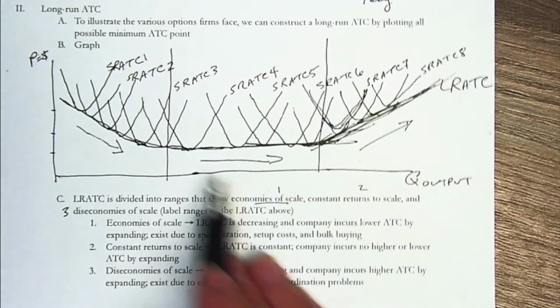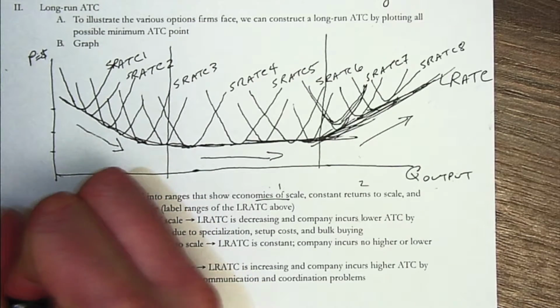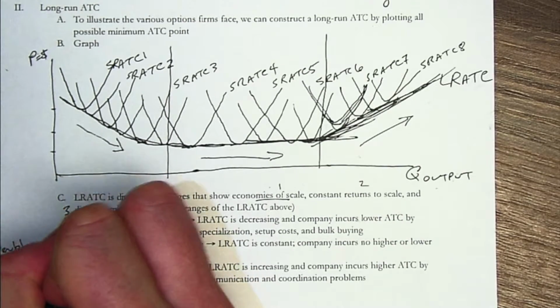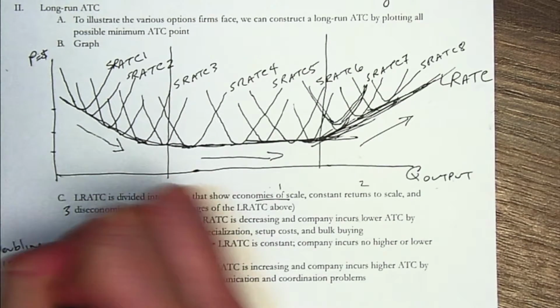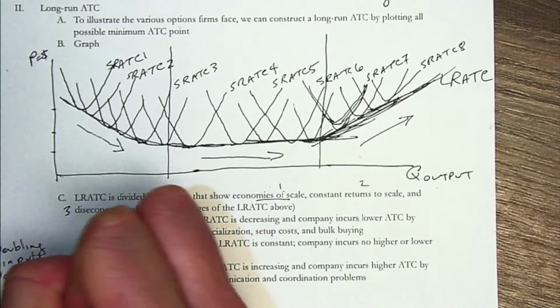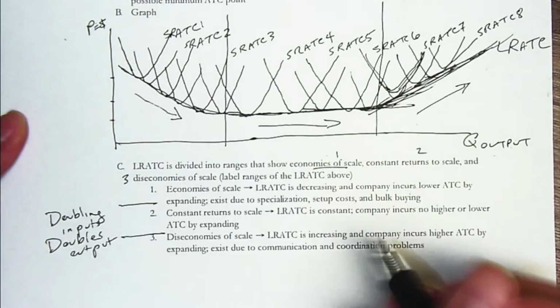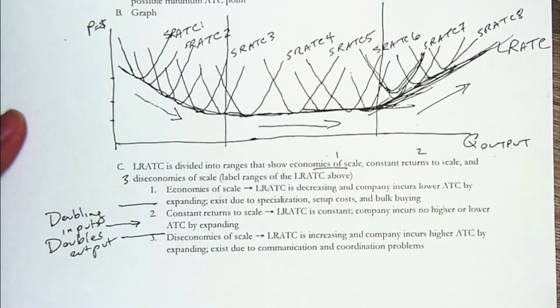Now, at a certain point of getting bigger, you get what are called constant returns to scale, which means that by doubling the inputs, you double the output. So that's another way to think about these, is that it's constant.